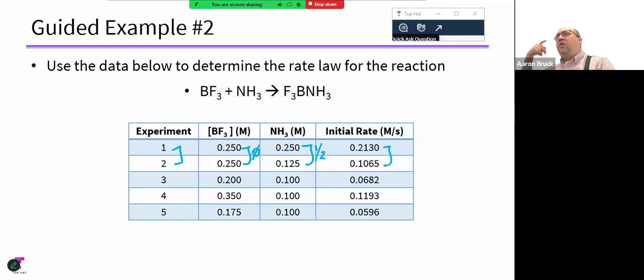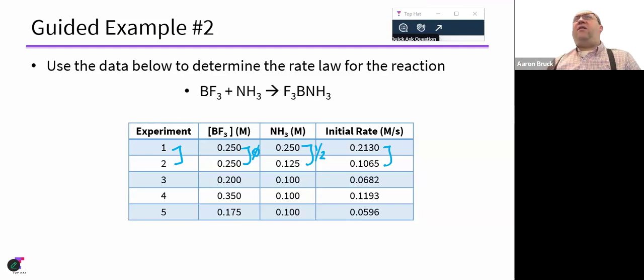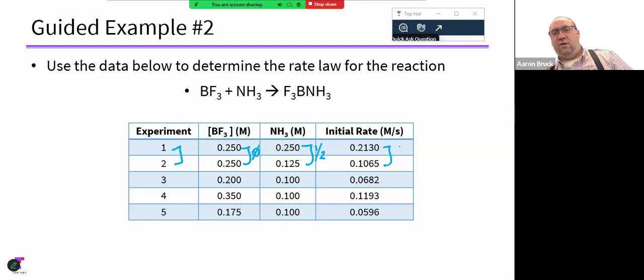Now, if you can't do the number math in your head that quickly, it's perfectly okay to just break out your calculator and say, okay, 0.1065 divided by 0.213, yeah, that's a half. So what's the order for ammonia then?